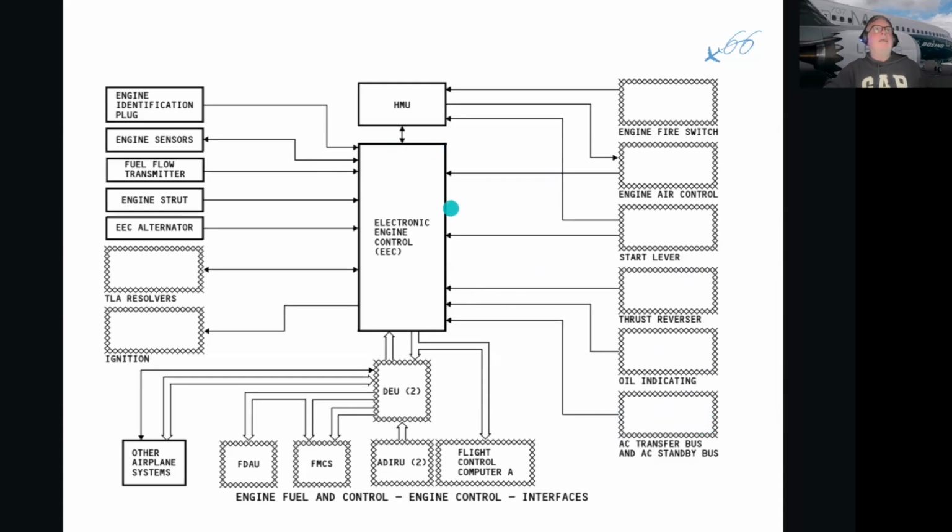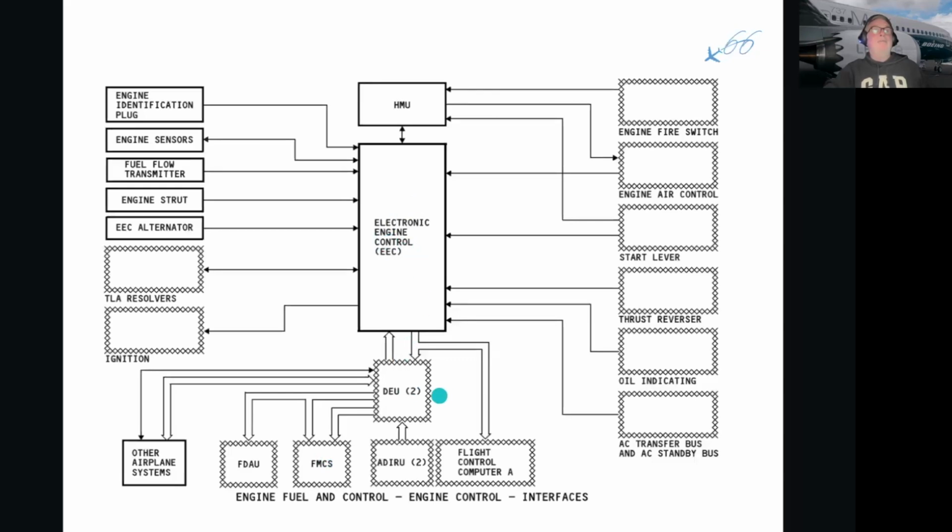The EEC then, with information from the identification plug, from the sensors, the fuel flow transmitter, the engine strut, and the EEC alternator, enables the two DEUs to display the information and also helps to control the FMS. What is the FMS? FMS is using the navigational data I have to fly from A to B as economically as possible.